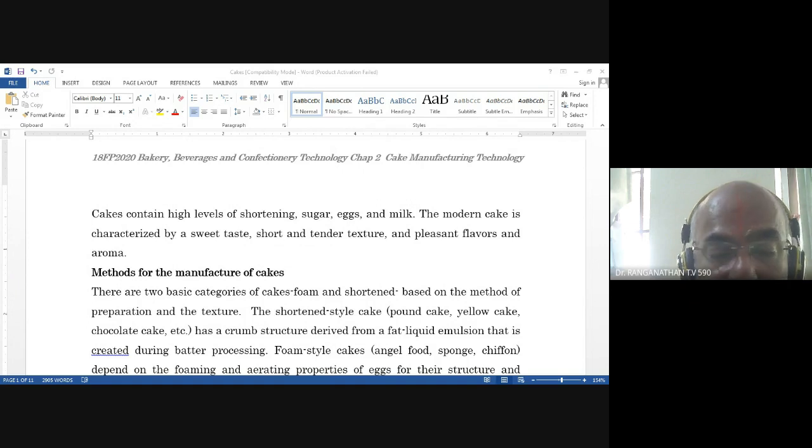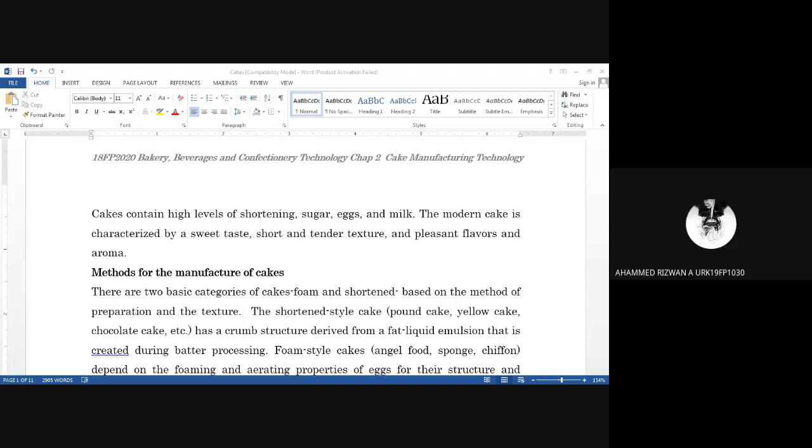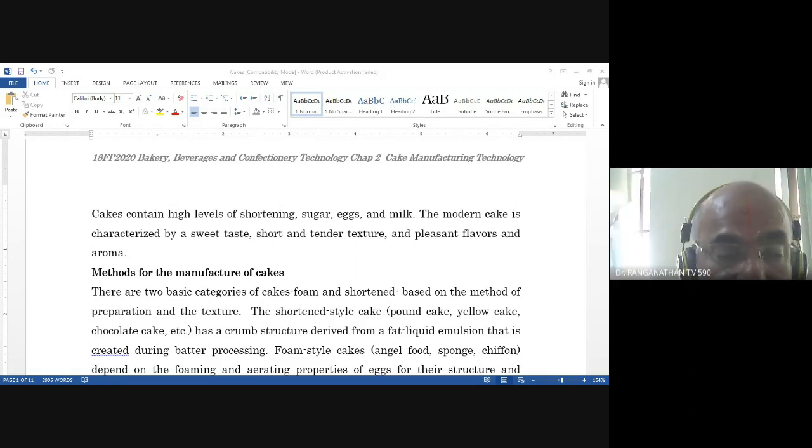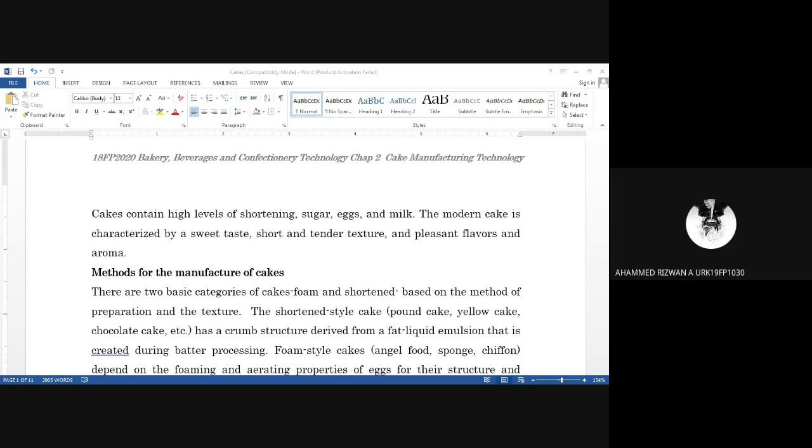So how do you characterize a cake? Quick. This is also part of your topic. Texture, sir. How is the texture? Soft, sir. Soft, spongy.